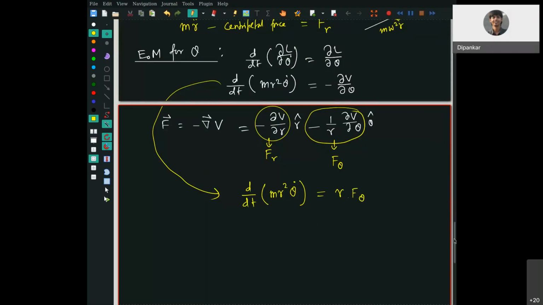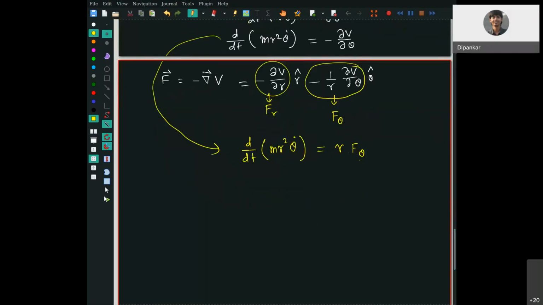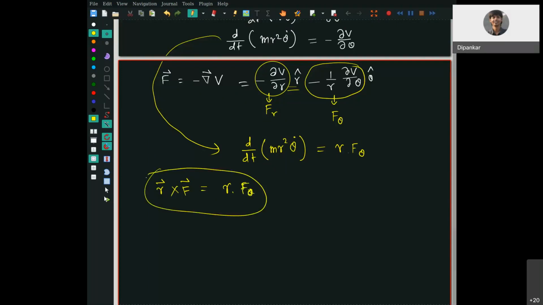Now r times f theta, what is that? If you notice, r cross f, then r cross r would be 0, only the theta component remains, which is precisely r into f theta. So this is your torque. This guy on the right hand side is your torque.